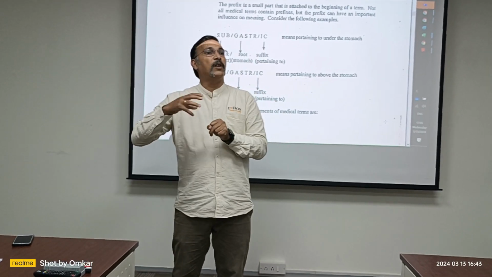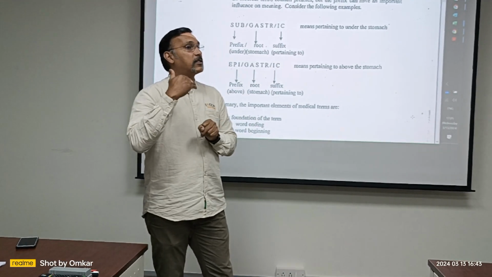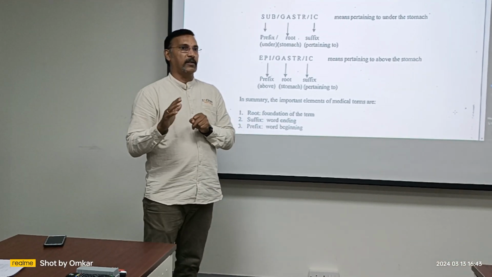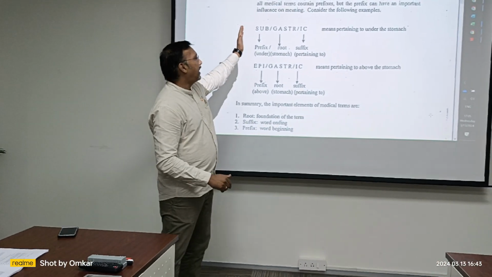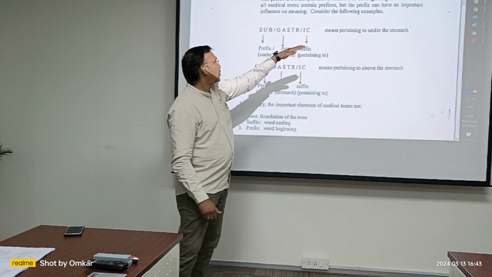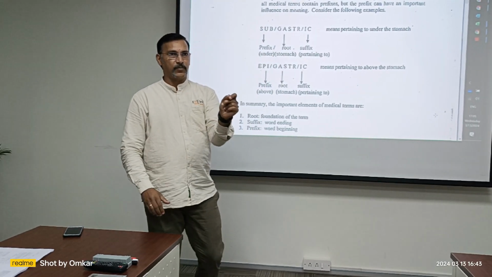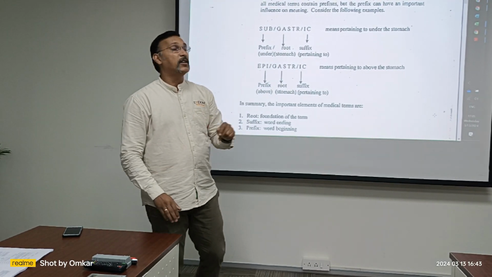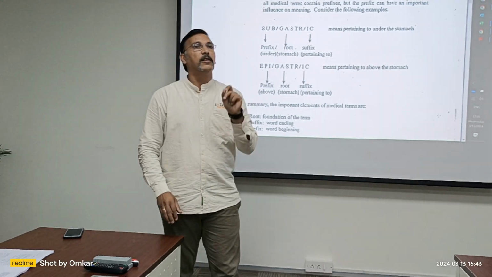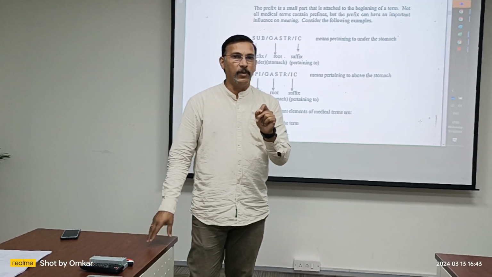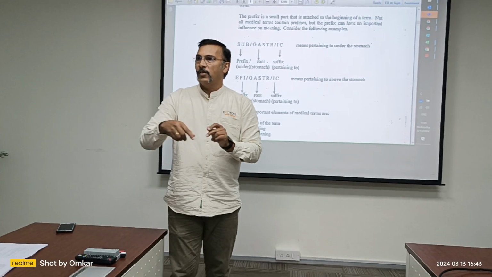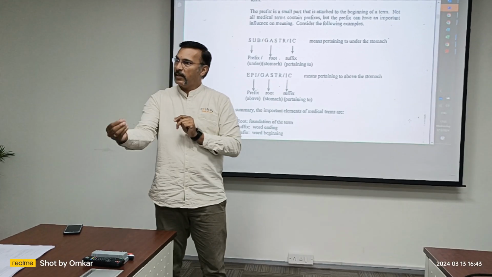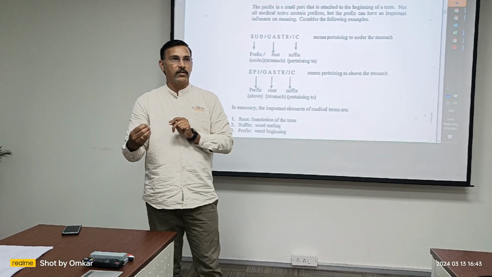Prefixes will come sometimes to give a particular meaning. Like, what is gastric? The last part is a suffix. IC is a suffix, and the meaning of IC here is pertaining to. So what is gastric? Pertaining to the stomach.